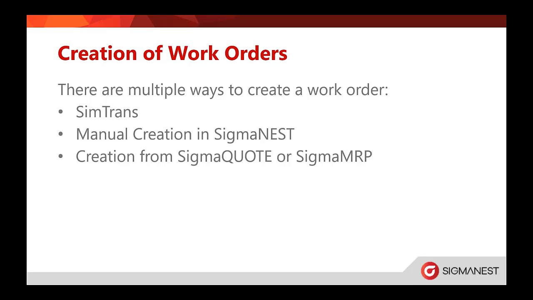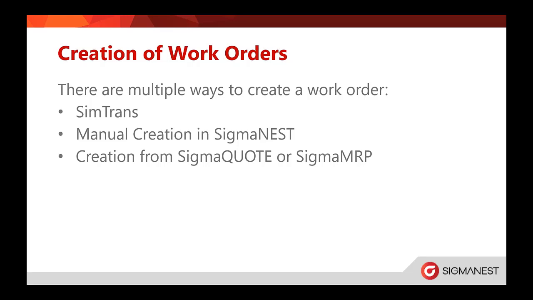So if you submit a quote or submit a work order through your MRP or ERP system, so the quote has been turned into a work order or anything like that, then you can have your MRP or ERP system send that information to SimTrans, which will convert it into information for SigmaNEST to read, and therefore creating a work order within SigmaNEST. It is not limited just to work orders, it also can bring in inventory as well, but the main focus today is going to be over work orders.